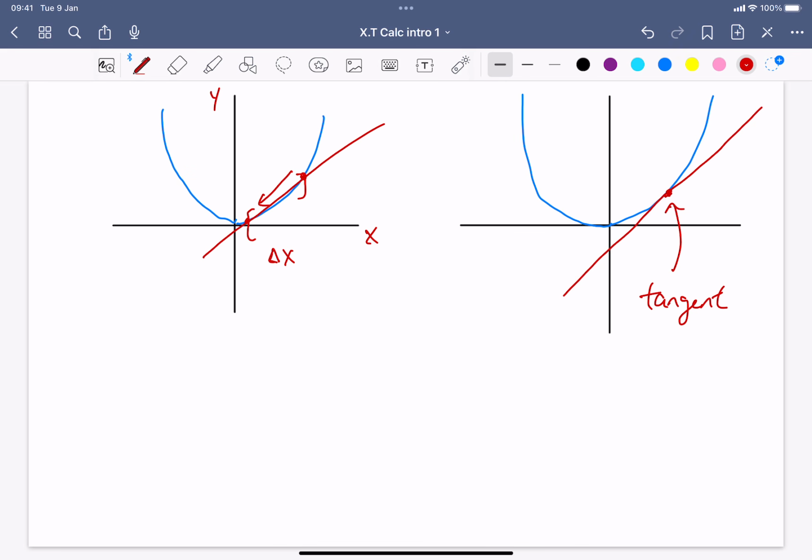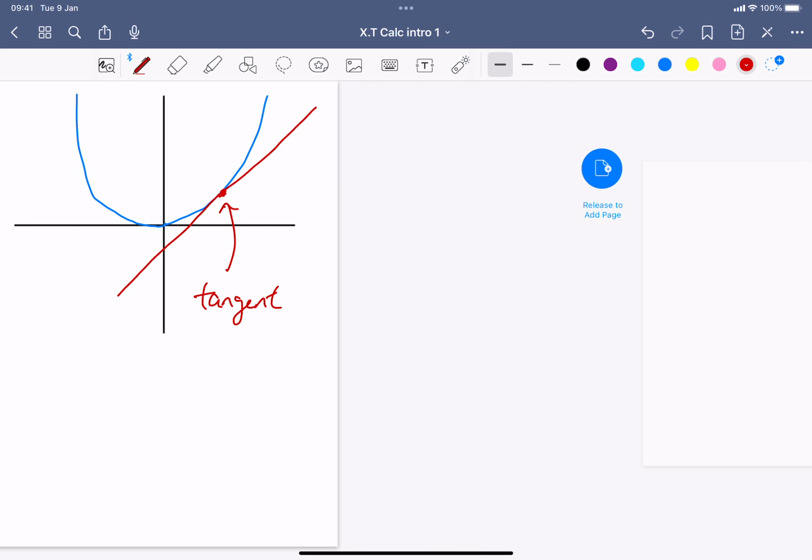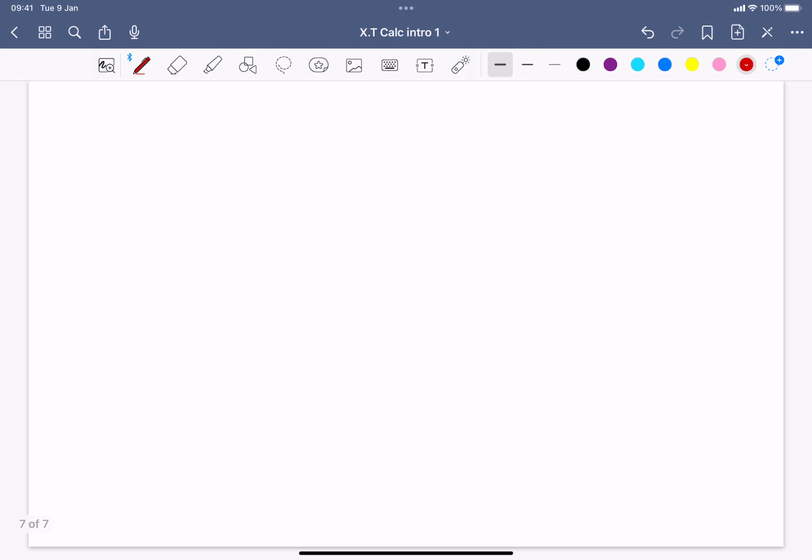So before I go any deeper, I'm going to start talking about limits and just a really basic idea of what a limit is. So let's try the example g of x equals x squared minus 1 over x minus 1.